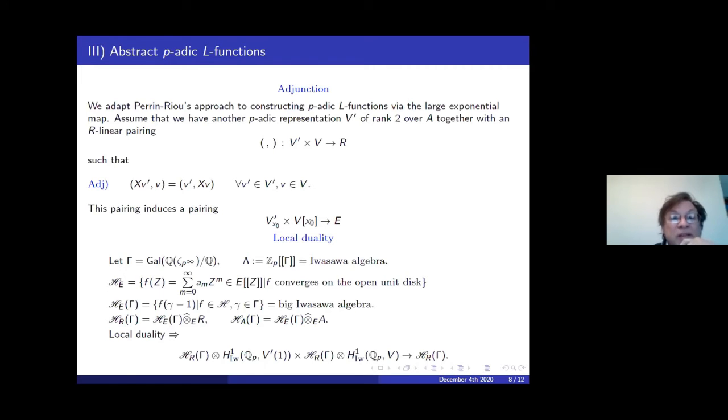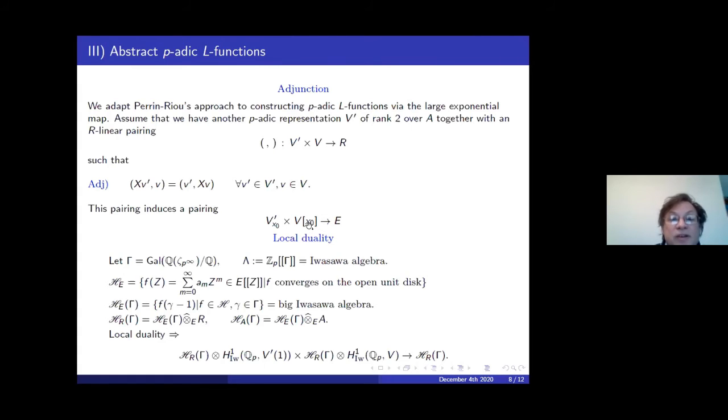This property implies that this pairing gives rise to a pairing between the specialization of V prime at x0 and the V x0 in brackets.